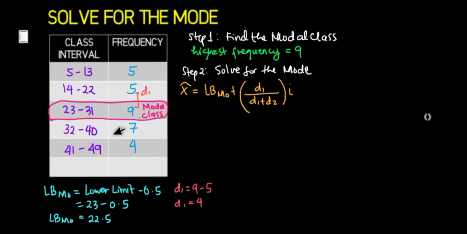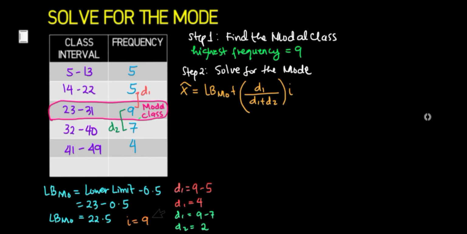So, we're done with D1. So, sunod naman is D2. So, dito naman is difference nung highest frequency, which is here 9. Tapos, yung frequency below it, sa baba niya. So, ang nasa baba niyang frequency ay 7. So, D2 is equal to 9 minus 7. Difference 2 is equal to 2.